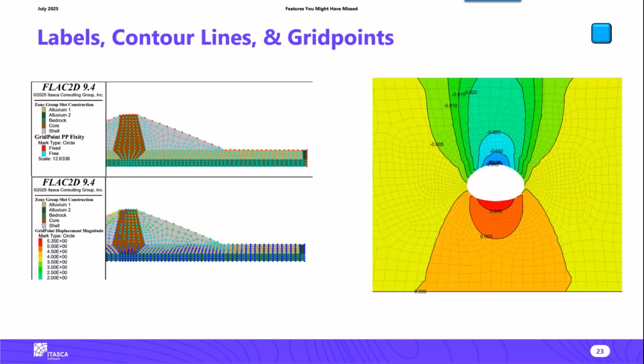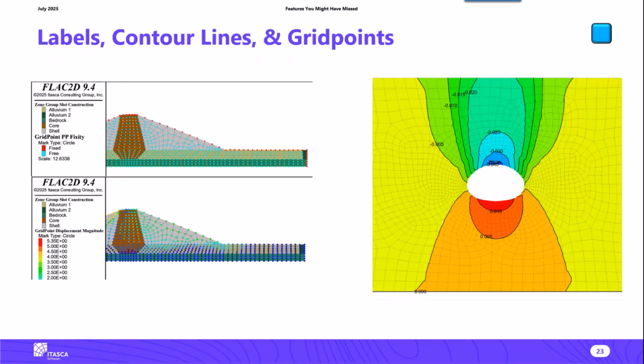On the left-hand side, we can see new grid point coloring. So we're able to essentially view on a grid point level things such as fixities, in this case, pore pressure fixity, and it just helps you get an easier visualization of what is going on in your model, what you've set it to be. And then, of course, these can be contoured.